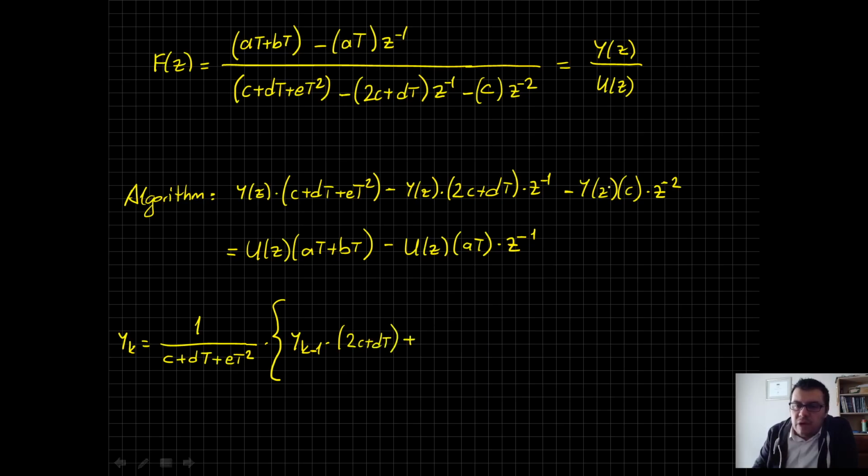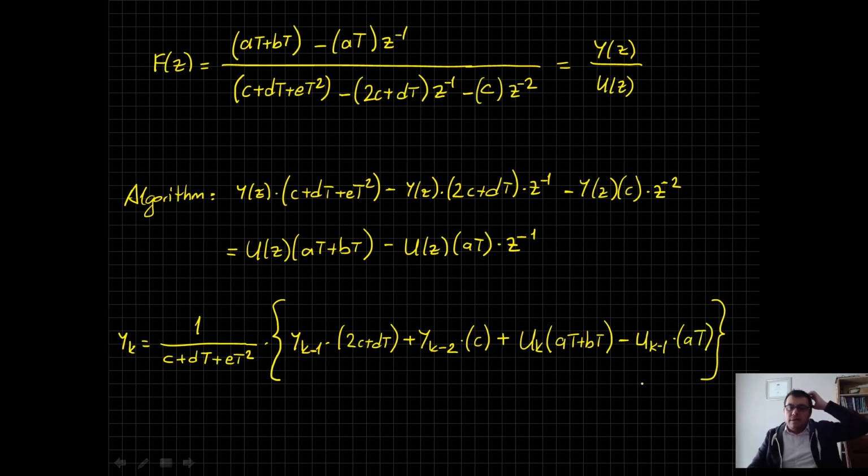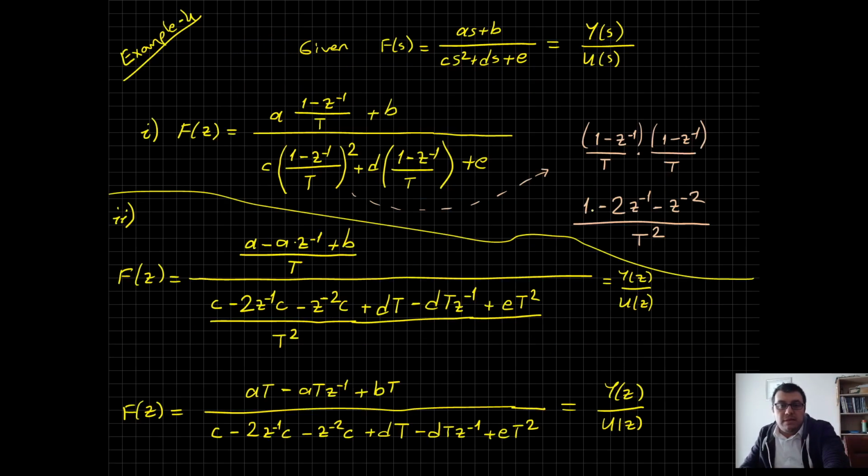Plus Y of z times z^-2 is nothing but y_(k-2), two-step previous output value, times c, plus u_k, the input at this step, times at plus bt, minus, here U of z times z^-1 is one step delay, so this is u_(k-1), the previous input, times a times t. So that is the algorithm to implement this transfer function.